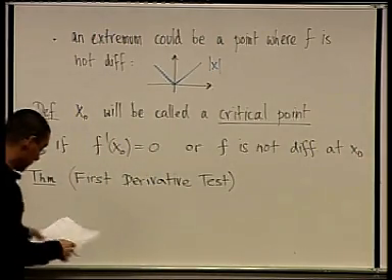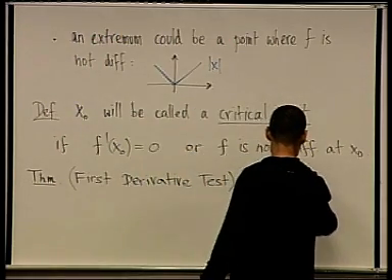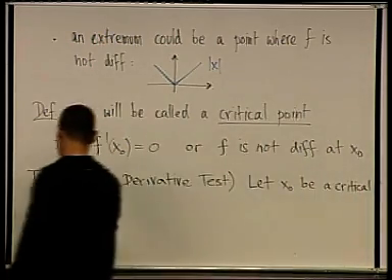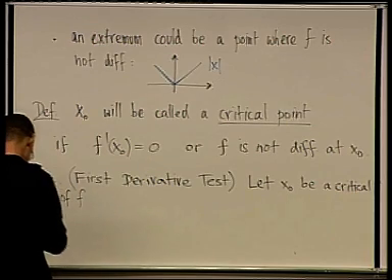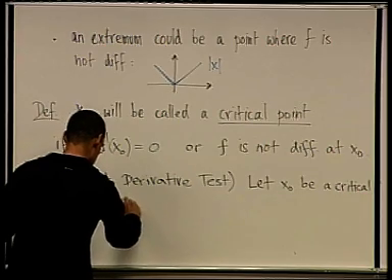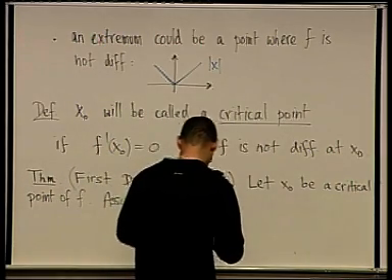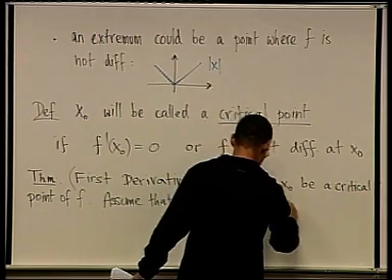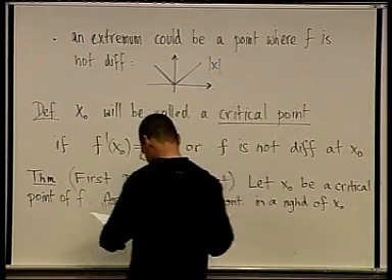And it says the following: let x0 be a critical point of f, and assume that f is continuous in a neighborhood of x0, continuous and differentiable.